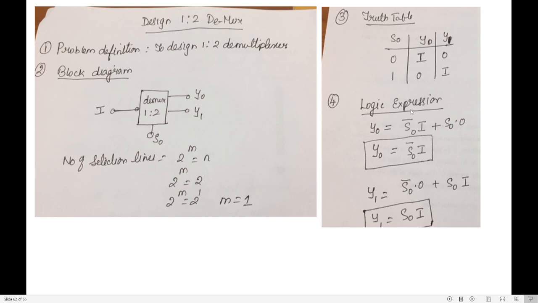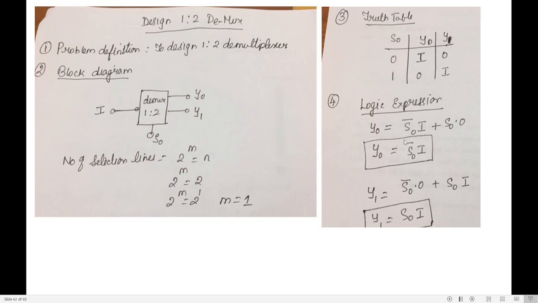Now let us derive the logic expression. I need to write the expression for Y0. Y0 is S0 bar I plus S0 into 0.